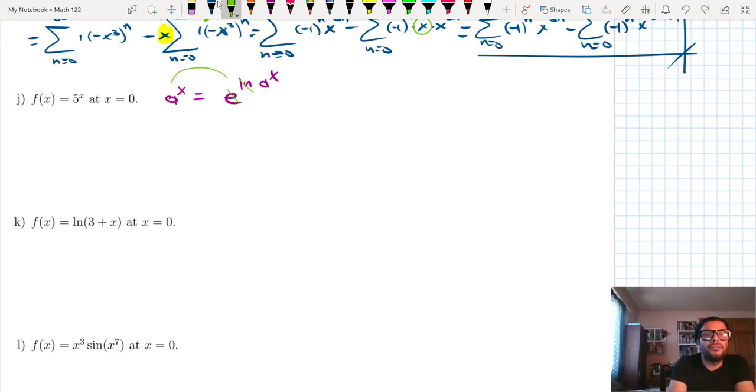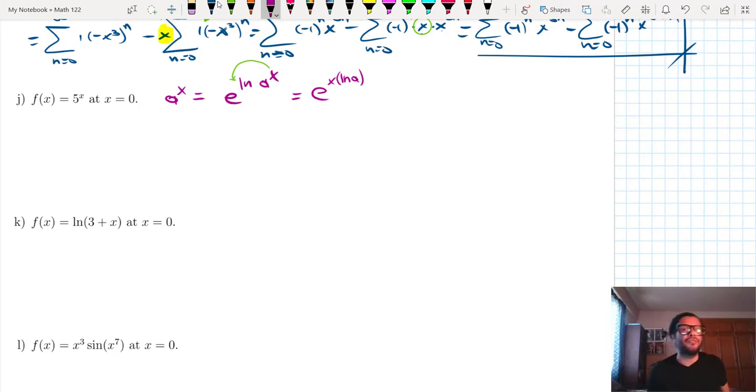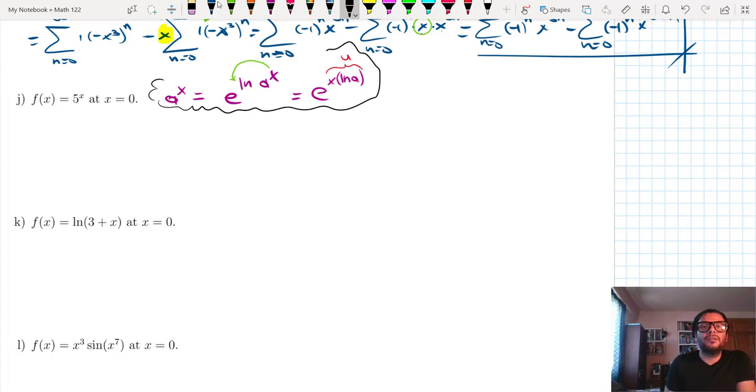So we are going to do the reverse, and then we are going to have this jump to the front. So we are going to have some e to the x ln of a, and we will be able to use the power series representation for e to the u, which is this case right here. Okay, so you might want to keep this in mind. This is actually going to be a good exam question.